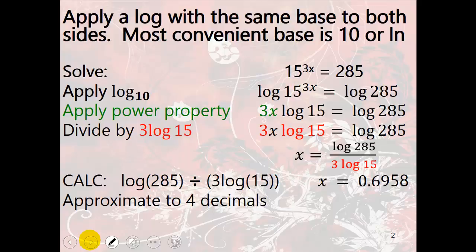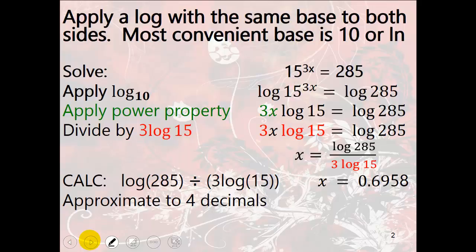We could use any base, but the two most convenient bases to use are log base 10 or the natural log, base e. The reason is that our calculators have a feature that we can use to get decimal approximations for those logs.